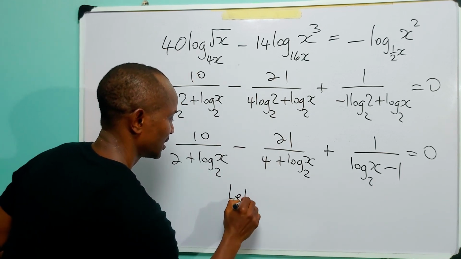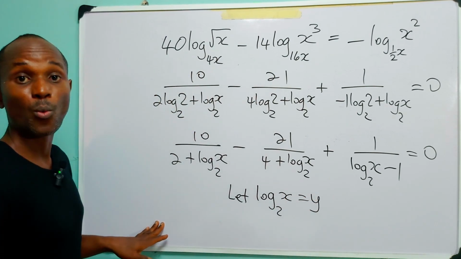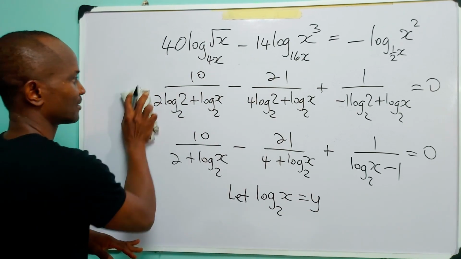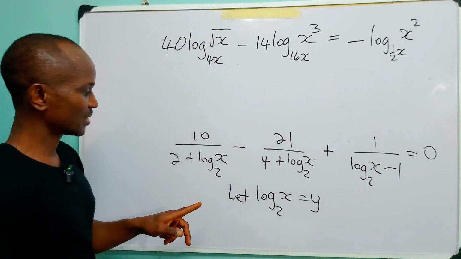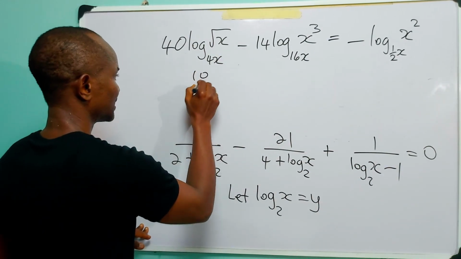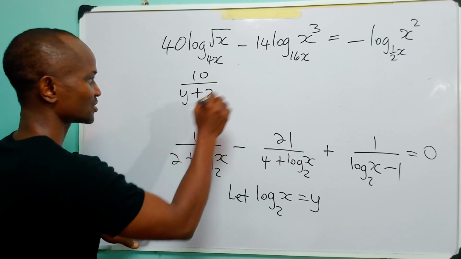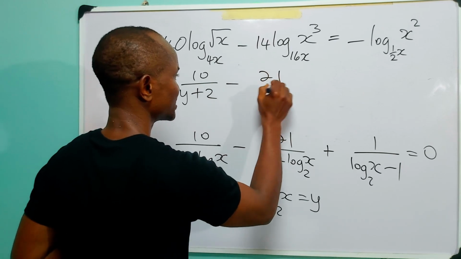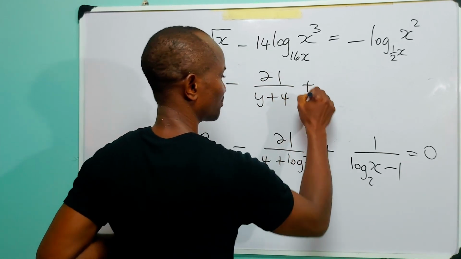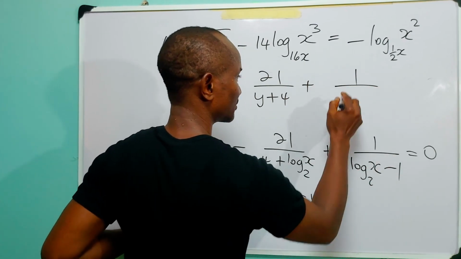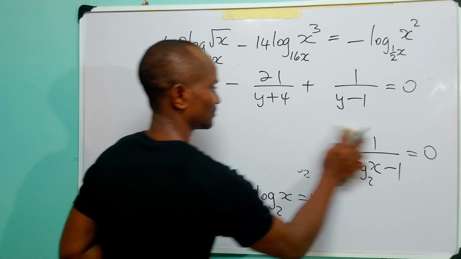Now, let log₂ of x be equal to y. So from this last line, what we have is that 10 over y plus 2, minus 21 over y plus 4, plus 1 over y minus 1, is equal to 0.